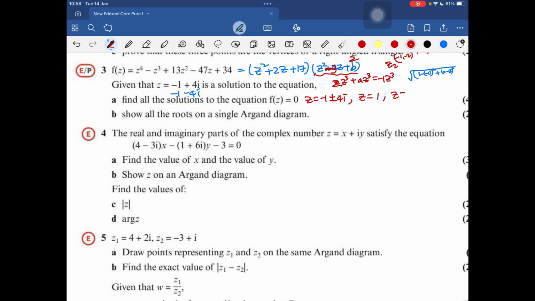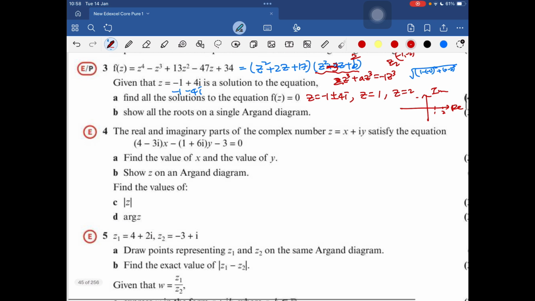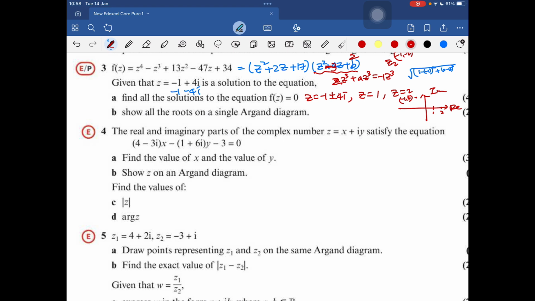So 1 and 2, and negative 1 plus 4i, and negative 1 minus 4i. When we say the imaginary part, it doesn't contain i. So this is not negative 1 comma 4i. This is just negative 1 comma 4.